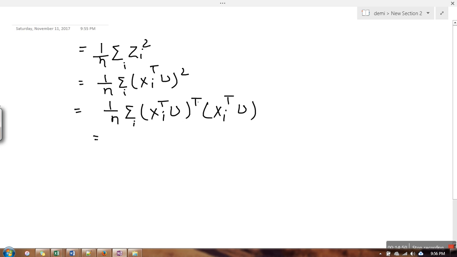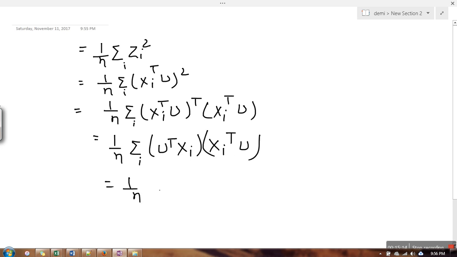Now if we take this transpose inside, we get u transpose xi. The transpose of a transpose is the original matrix, and when we take a transpose inside, the order of the inner matrix is reversed, and this is the rest of the part. So here I can write this one.